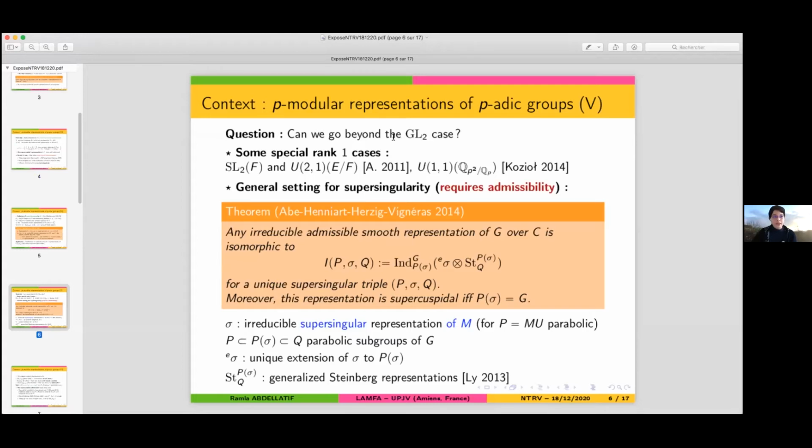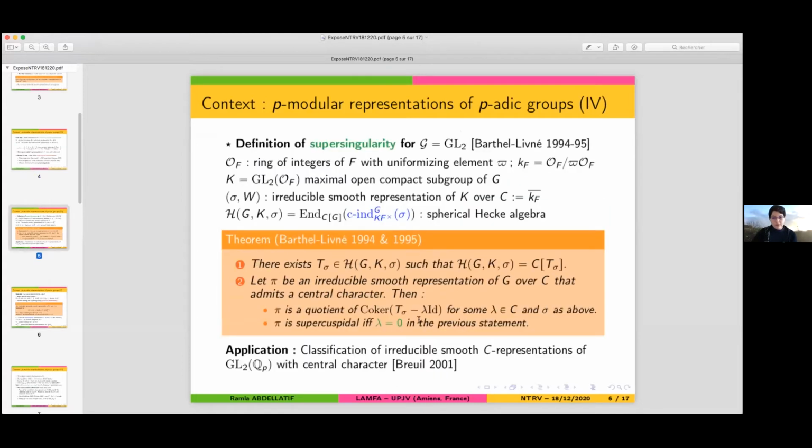So having this very same theorem here, okay. An interesting fact is that a priori, this notion of supersingularity depends on the maximal open compact K that you pick.